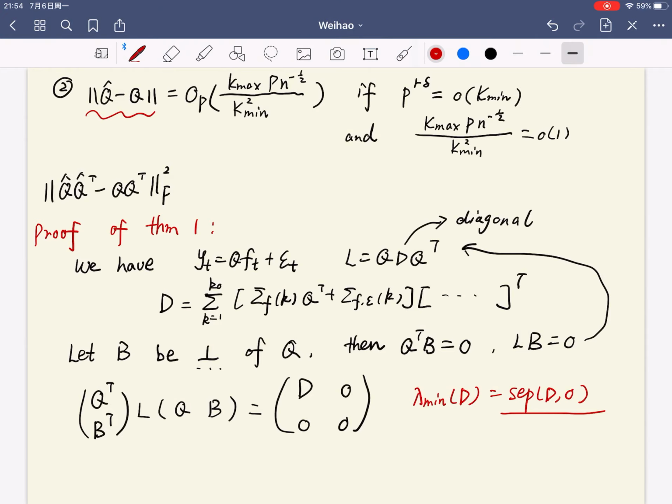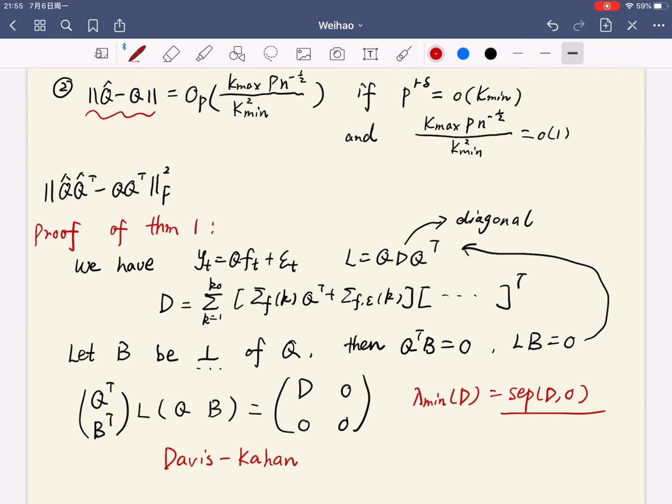For example, in principal component analysis, in the final step, we apply the Davis-Kahan theorem, or we also call it the sin theta theorem. In this theorem, we need the eigengap, which shows in the denominator of the rate of convergence, which means this eigengap is negatively correlated with the rate of convergence.